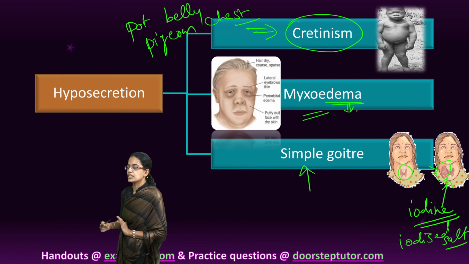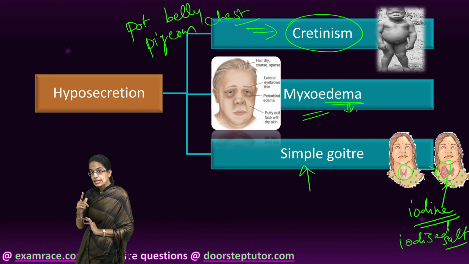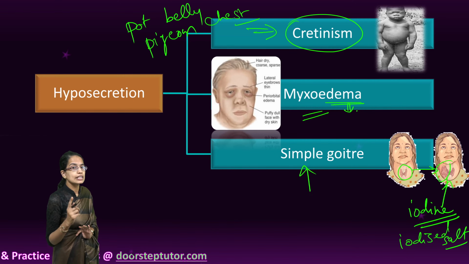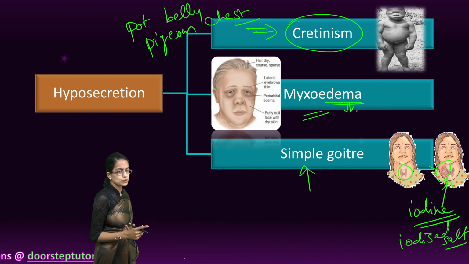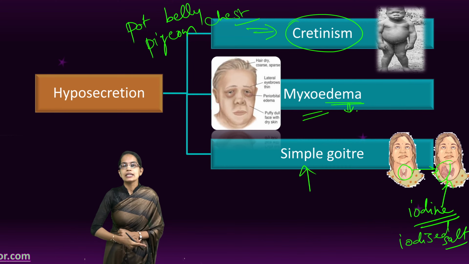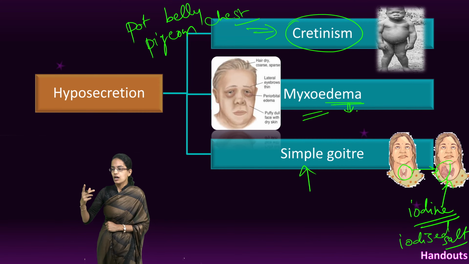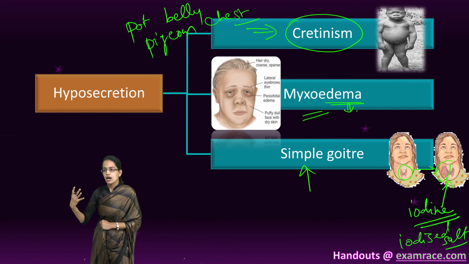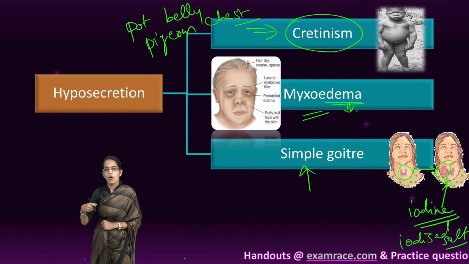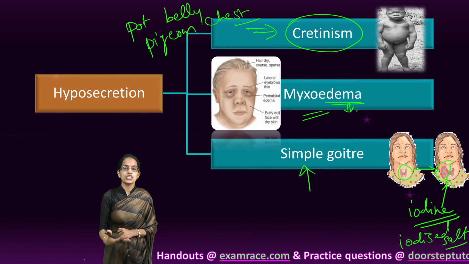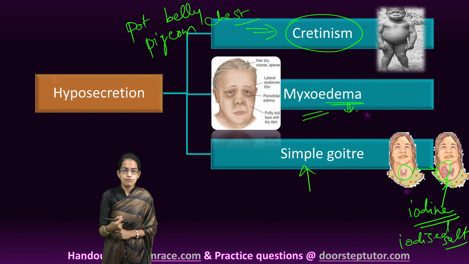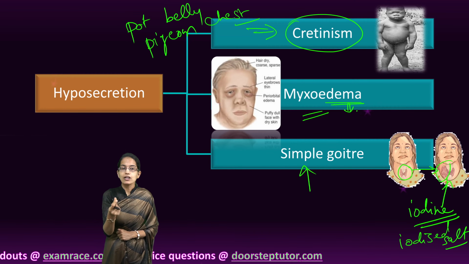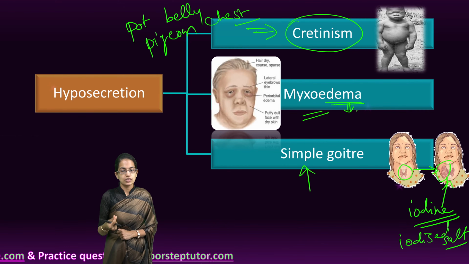You might have seen people in hilly areas significantly develop more goitre issues. Why? The people in the hilly areas have iodine deficiency in the water, and therefore the salt is deficient in iodine, and therefore we have lack of iodized salt which is used.